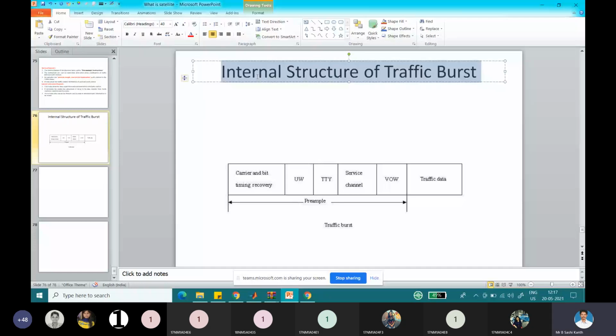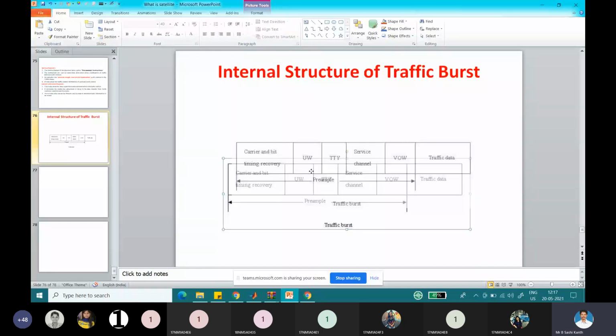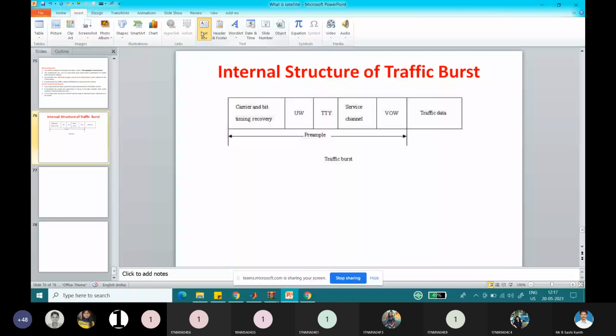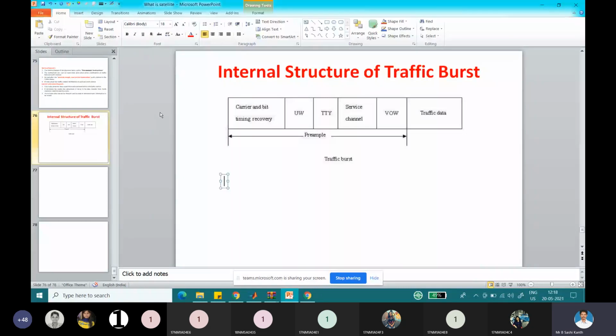This is the structure of the traffic burst that you have. It is nothing but the combination of the reference burst and traffic burst, because we have the continuation of the same thing, and we add traffic data at the end by removing the control and delay channel.